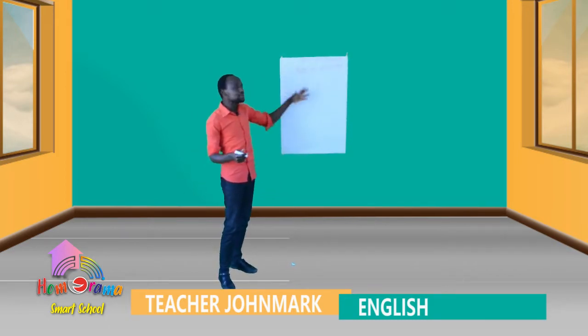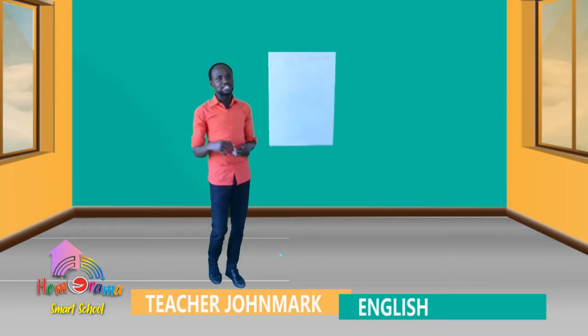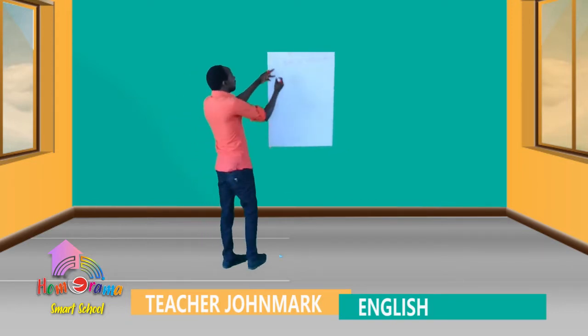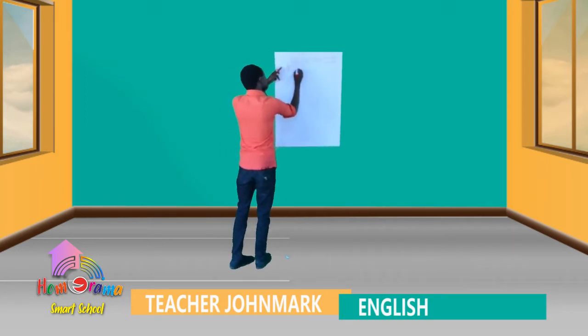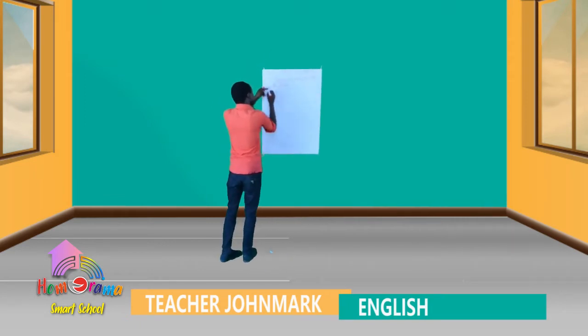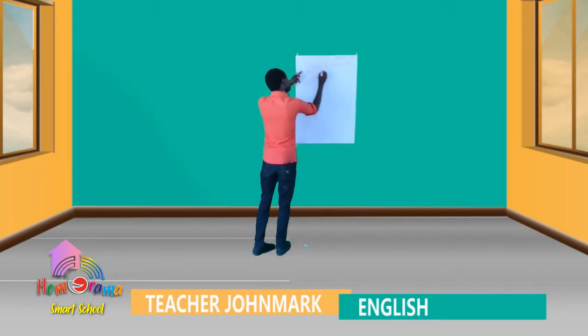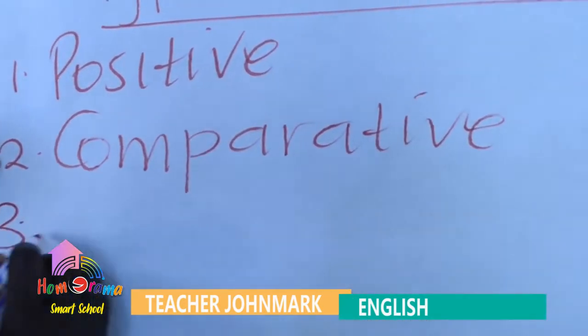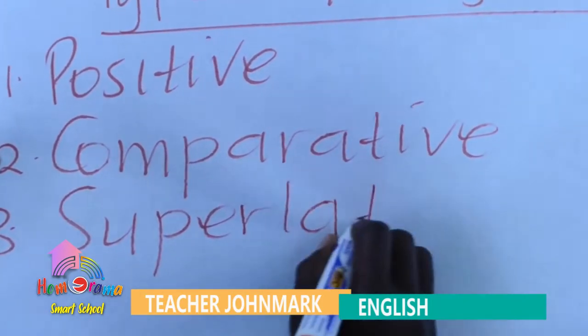Now, with the types of adjectives, they have actually been put into three types. Type number one, we have got the positive adjectives. Type number two, we have comparative adjectives. And type number three, we have got the superlative adjectives.